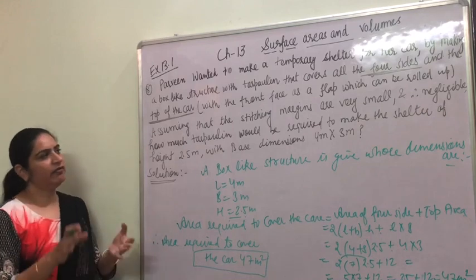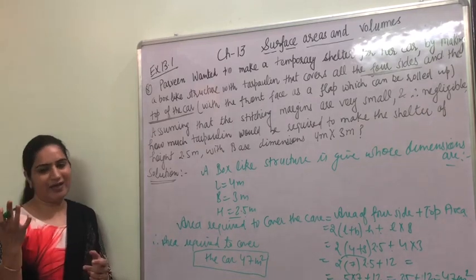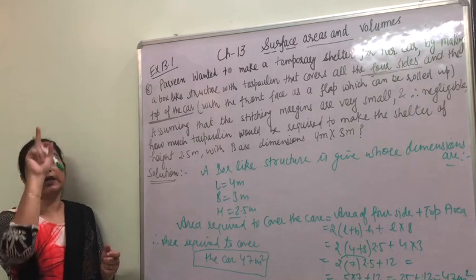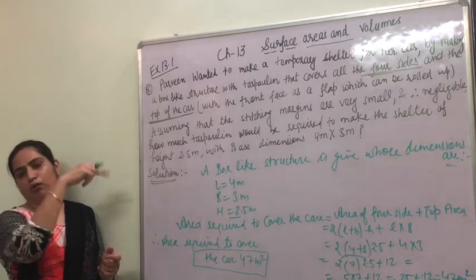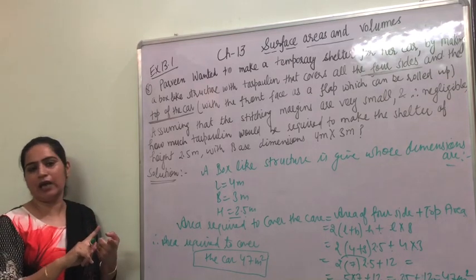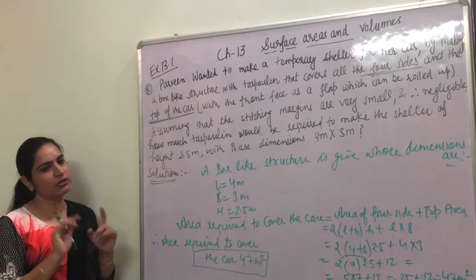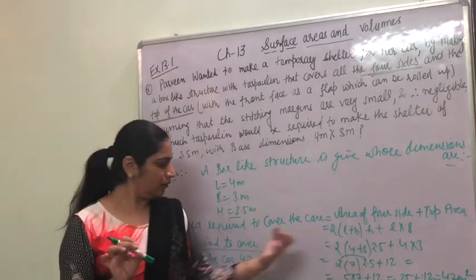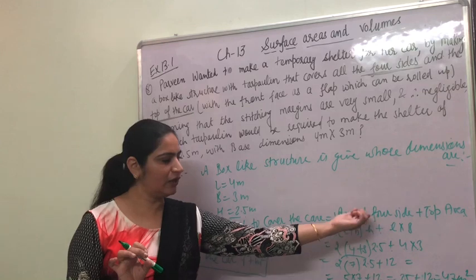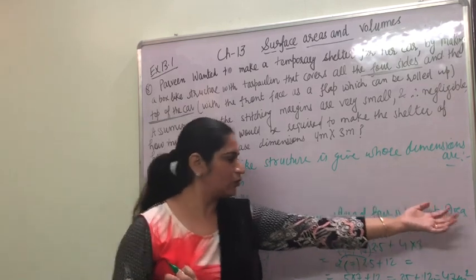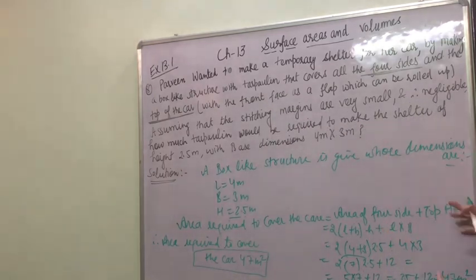Now I am telling you, in the first question we have taken 5 sides, with 4 sides, either top or the bottom. In the first one, second one and 8th question, all the three questions are the same. 5 faces we have taken: the area of the 4 sides, and either the top if top is given, or if bottom is given, top and bottom both are same.